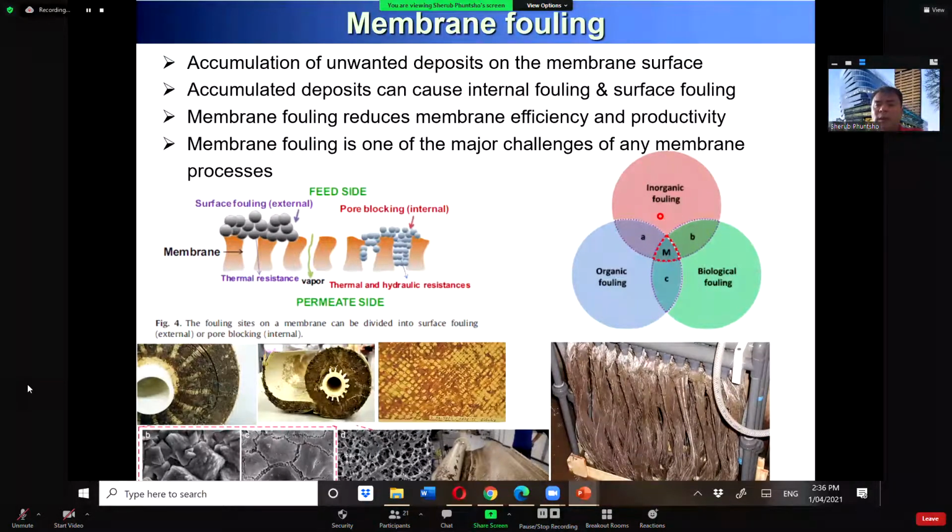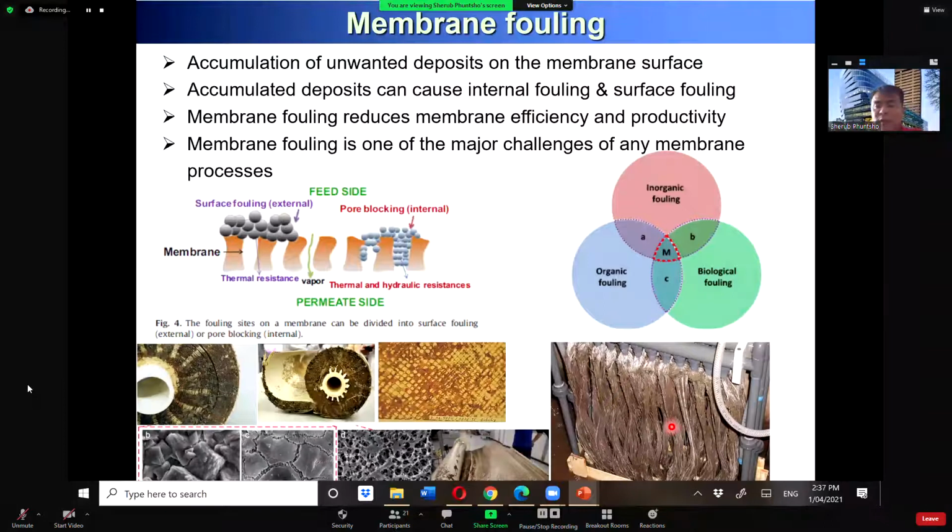So fouling can be inorganic fouling. It can also be biological fouling, which we call biofouling, and organic fouling. All of this can deposit on the membrane and cause a lot of trouble. If you look at the membrane bioreactor here and take out the membrane, you'll see a lot of deposits, so those have to be cleaned very often.